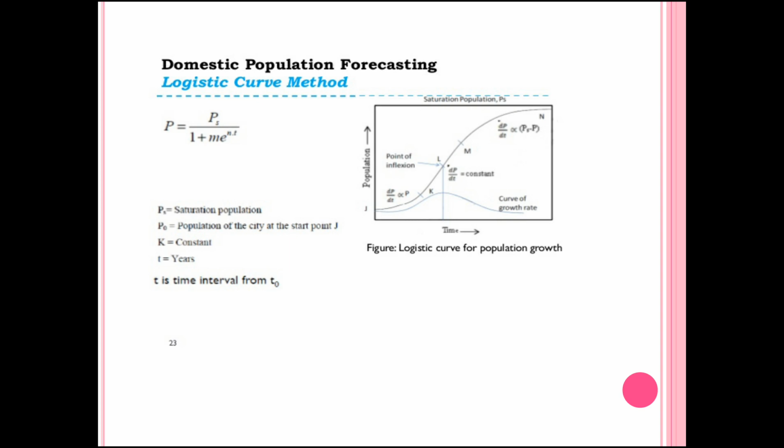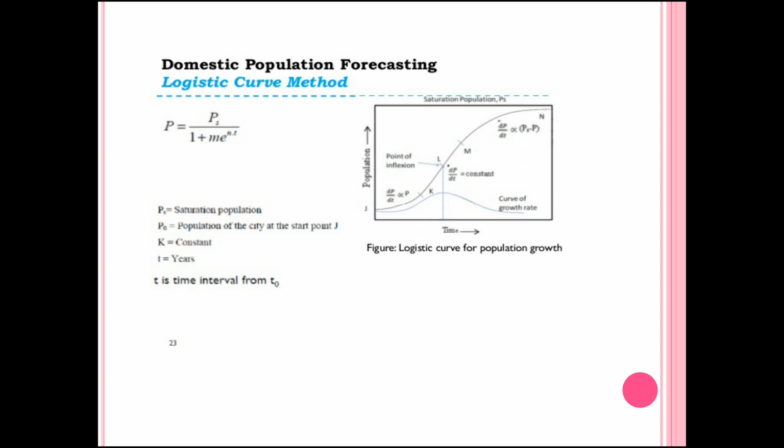The curve starts, then there is the standing line, which denotes dP by dt, the population change with time t, equal to a constant. The curve continuously increases up to the point of inflection, and then the graph goes toward a constant, which is the saturation point, denoted by Ps.